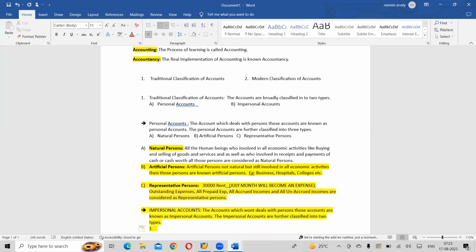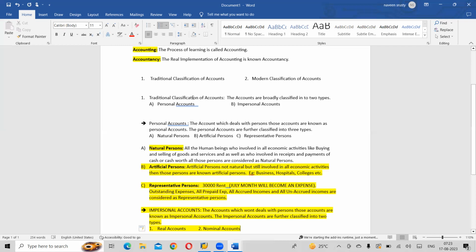One is real accounts, and second one is nominal accounts.